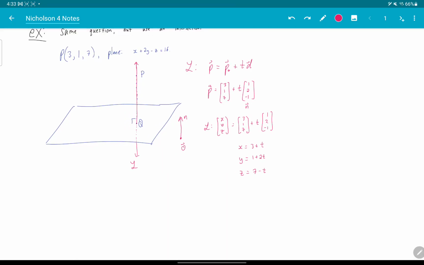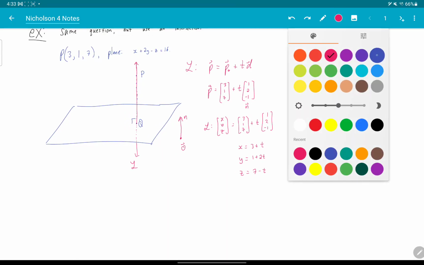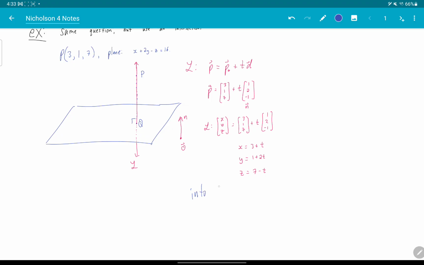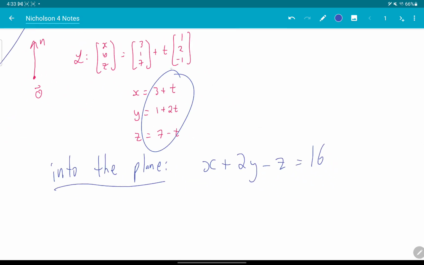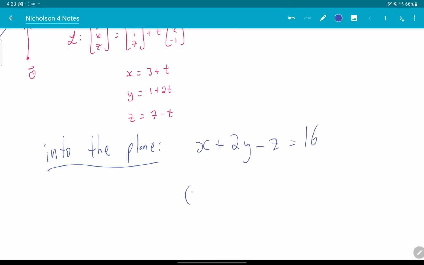So why don't I just copy down the plane again? So again, I'm taking x, y, z here, plugging it in there. So I get 3 plus t plus 2 times 1 plus 2t minus z, 7 minus t. Careful with the brackets.